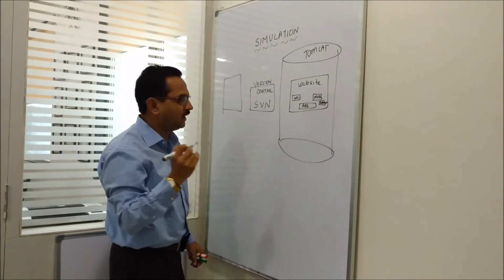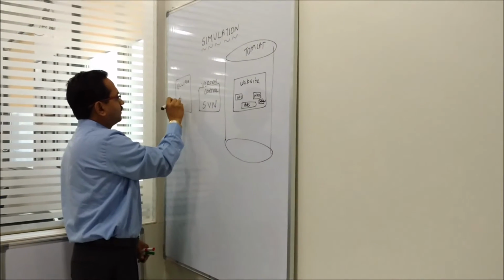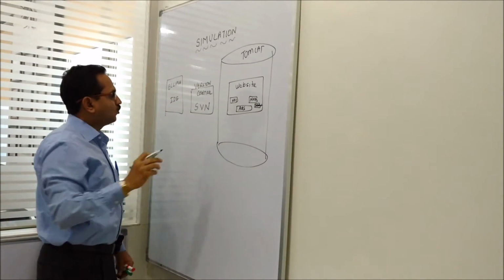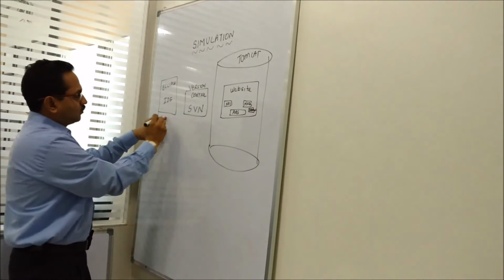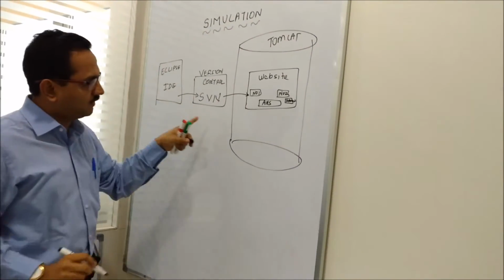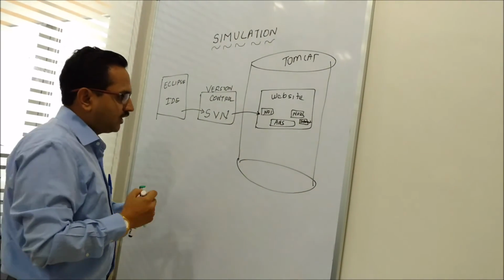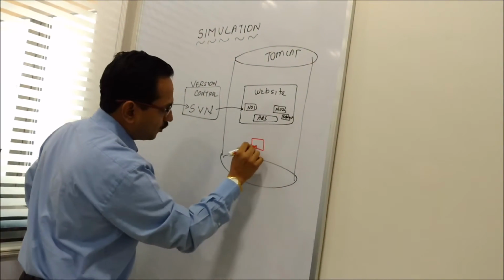That's going to be the Eclipse IDE, and it is going to be a simple Java program. So we will check this in and it will be picked up automatically and we will ensure that it gets deployed.